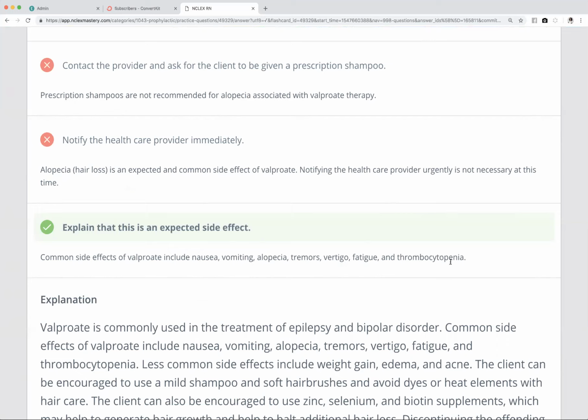So thrombocytopenia would be an unusual common side effect, something that you will remember about valproate having this side effect, okay? Because you don't see a lot of things having thrombocytopenia. So when you do, you're going to remember, oh, okay, thrombocytopenia is associated with this valproate medication.